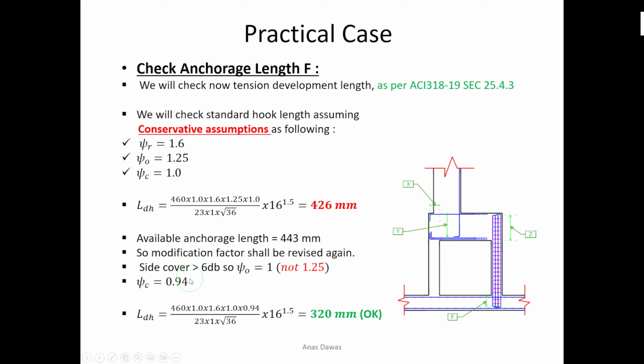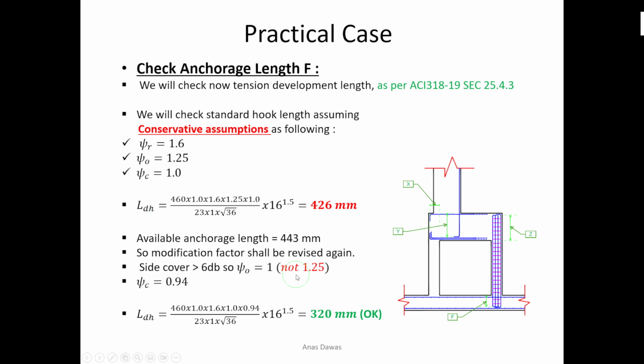Side cover, side cover. Definitely, this is a continuous raft foundation, so the side cover will be more than 6 bar diameters, so the location factor can be assumed 1 instead of 1.25. So again, you can recalculate the LDH.